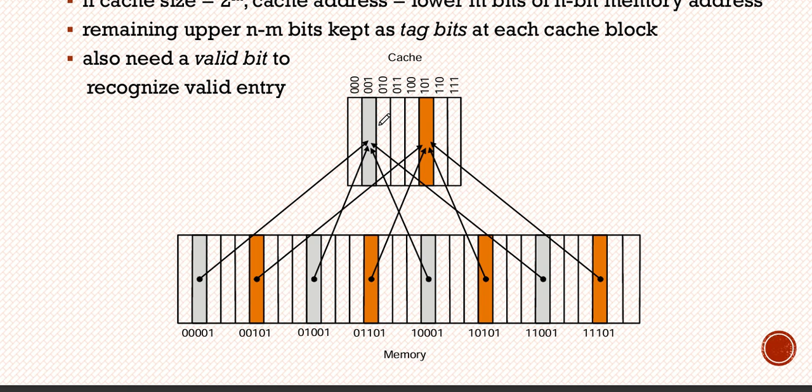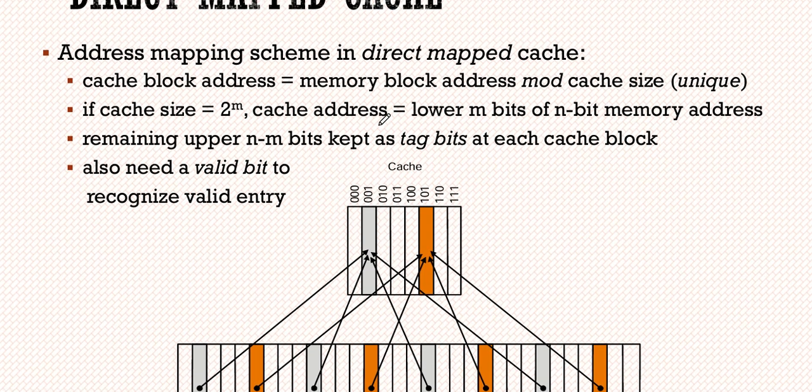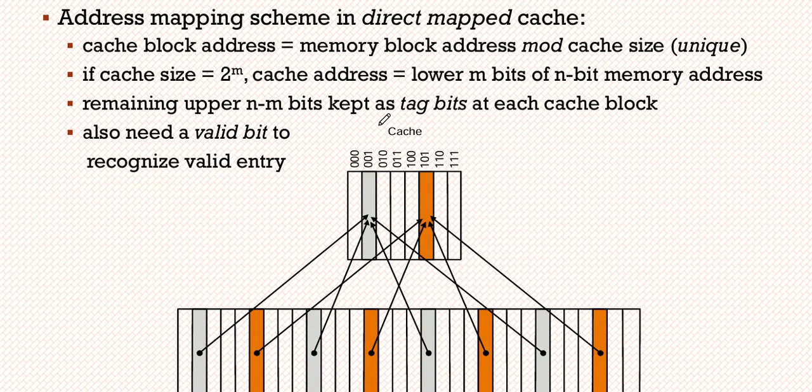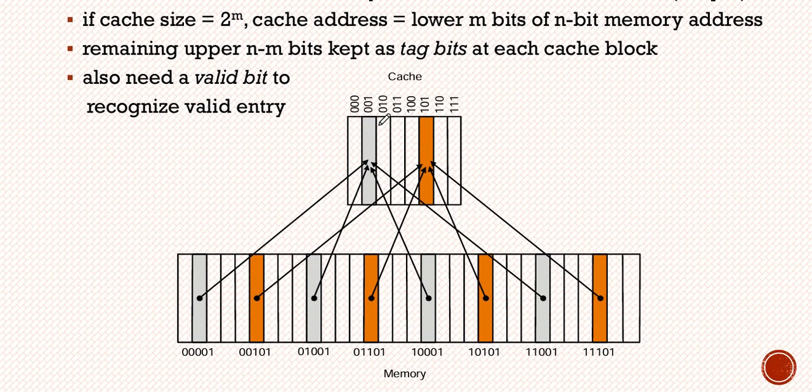Now, if we use the mapping scheme called direct, we are associating every address in memory with only one address in cache. This will lead to problems, in the sense that there are more items in memory to associate to the cache than there are elements in cache.